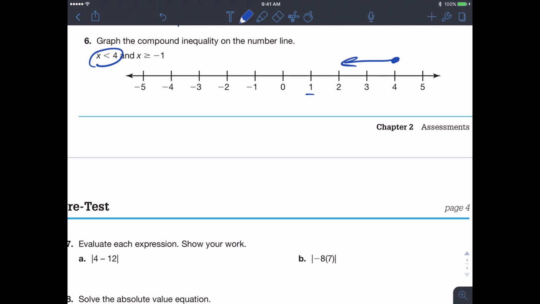It's going that way. And then x greater than or equal to negative 1. And that's a closed circle at negative 1. x greater than. So 1 is greater than negative 1, 2 is greater than negative 1, 3 is greater than negative 1. So it's going to go that way. All right. Pretty easy.